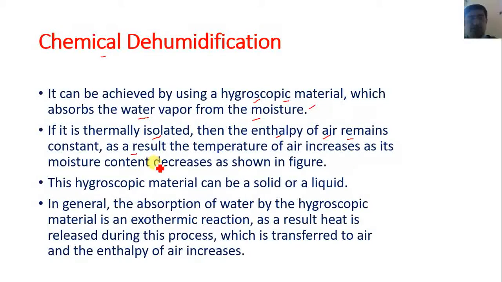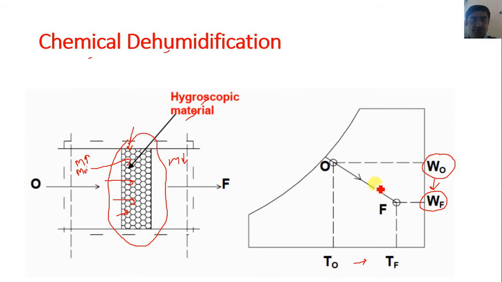As a result, the temperature of air gets increased and its moisture content gets decreased, as shown in the figure. Here you can see the value of moisture gets decreased during this whole process, and the dry bulb temperature gets increased.